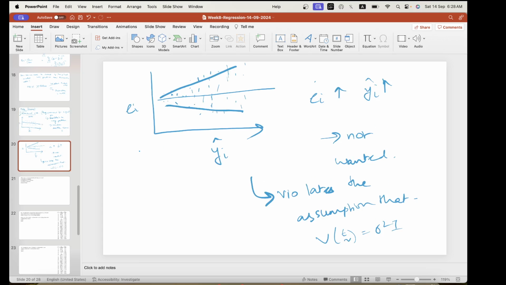But instead if we see something like this, this is a violation of the assumption of homoscedasticity, that is, that the variance of the errors remains constant.